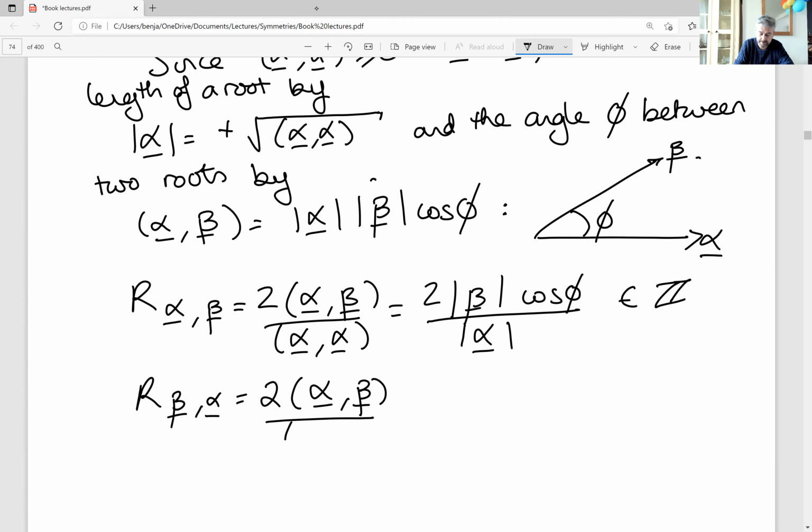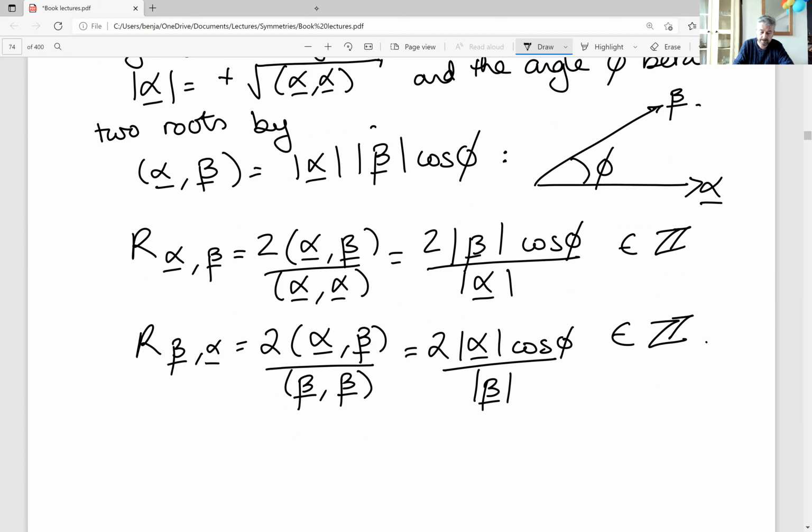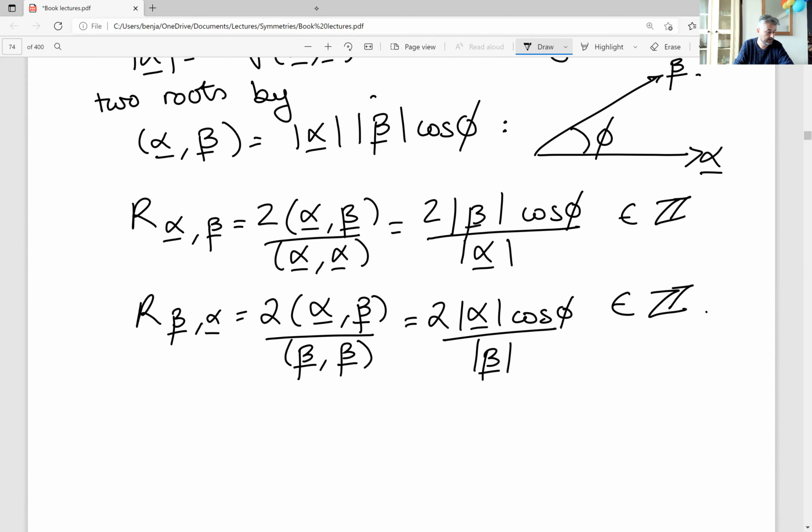But now we have the denominator of the length of beta squared, which is twice the length of alpha cos phi over the length of beta. And this is an integer as well. And we multiply these two things.